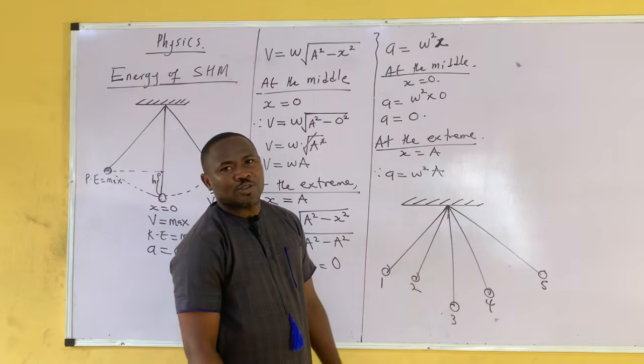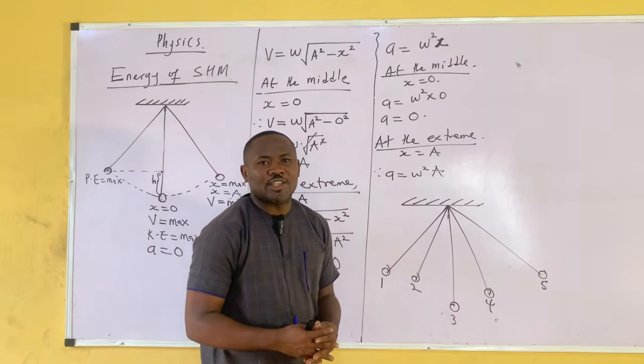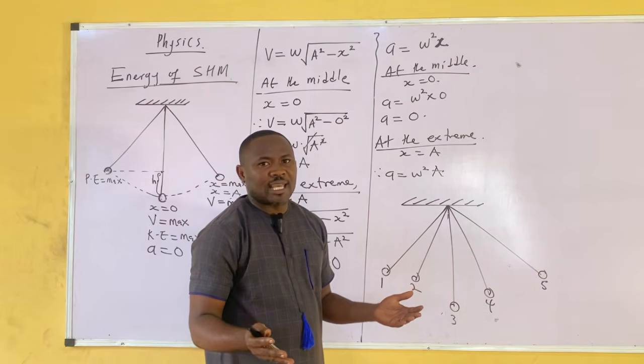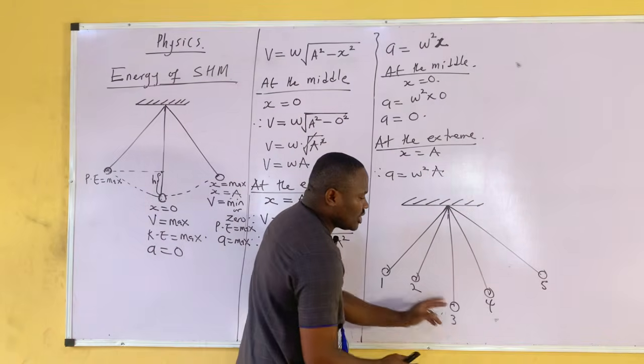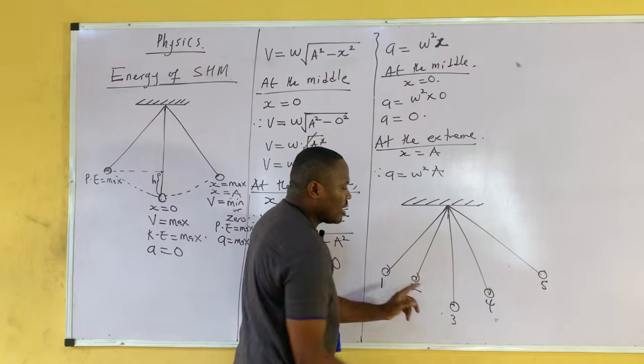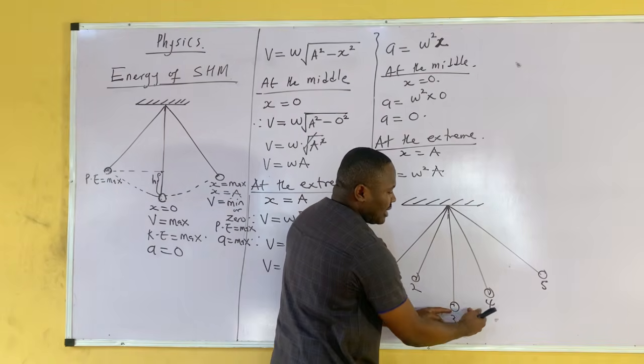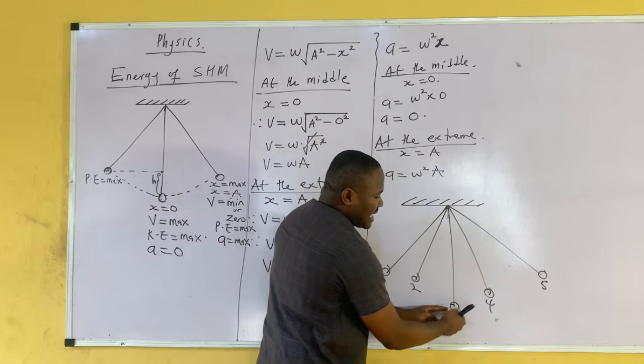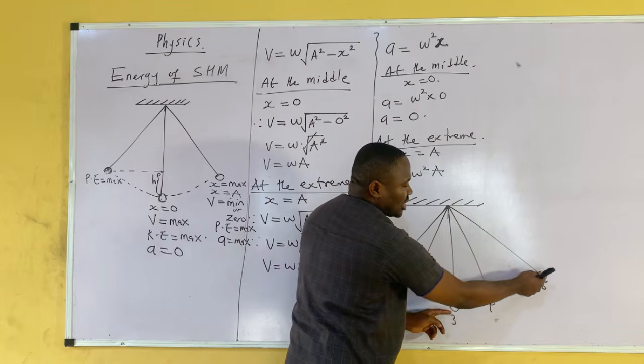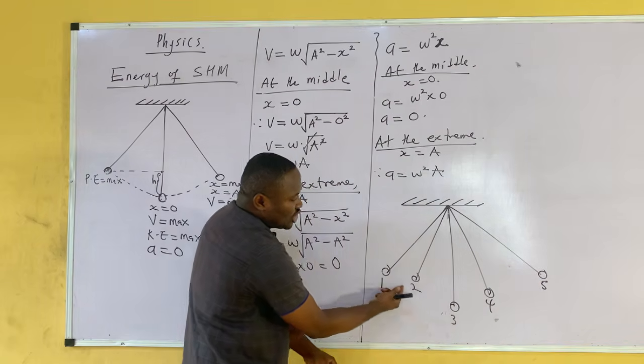Then they ask you another question. Where is potential energy equal to kinetic energy? Remember, potential energy is maximum at the extreme, kinetic energy is maximum at the middle. As it moves, kinetic energy is changing to potential energy.